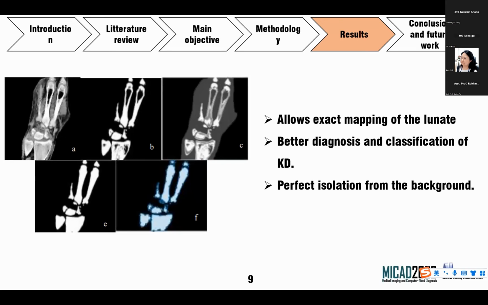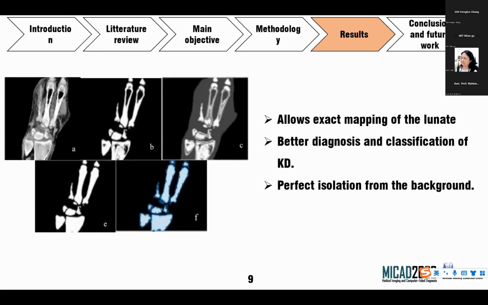Now for the results we obtained, I'll start with presenting the automatic segmentation mask. As you can see from the images, the mask allows exact mapping of the lunate and perfect isolation from the background.